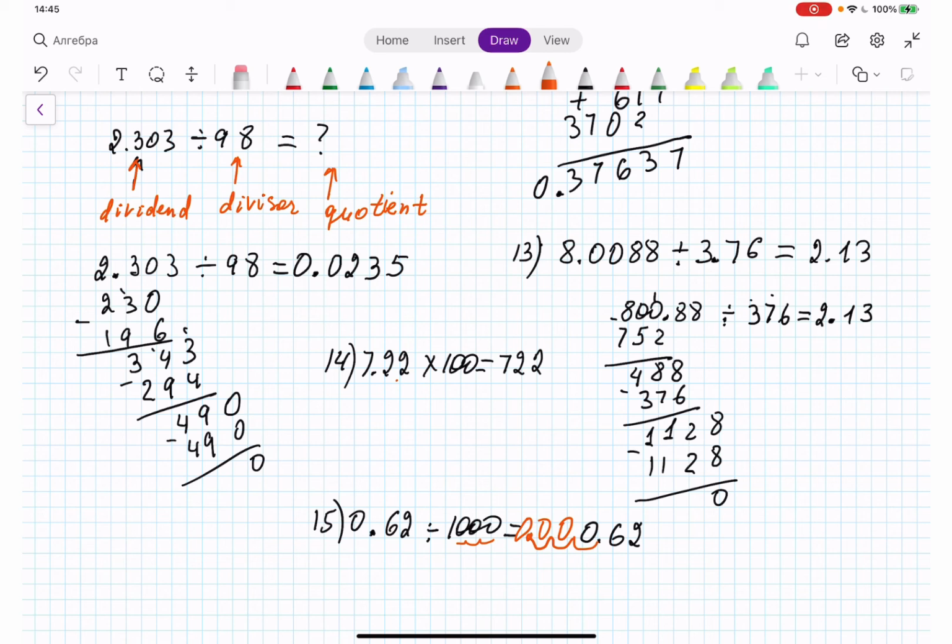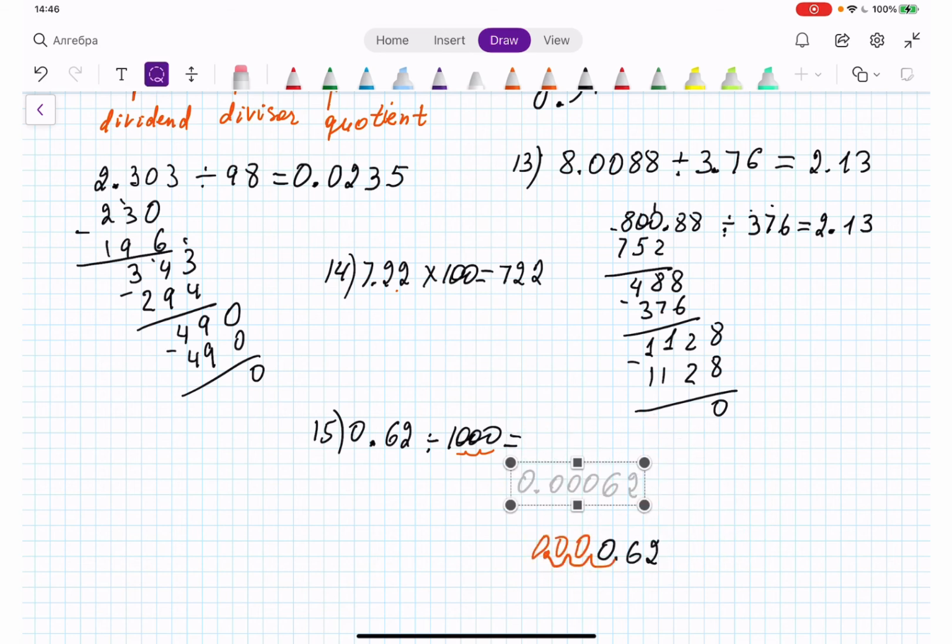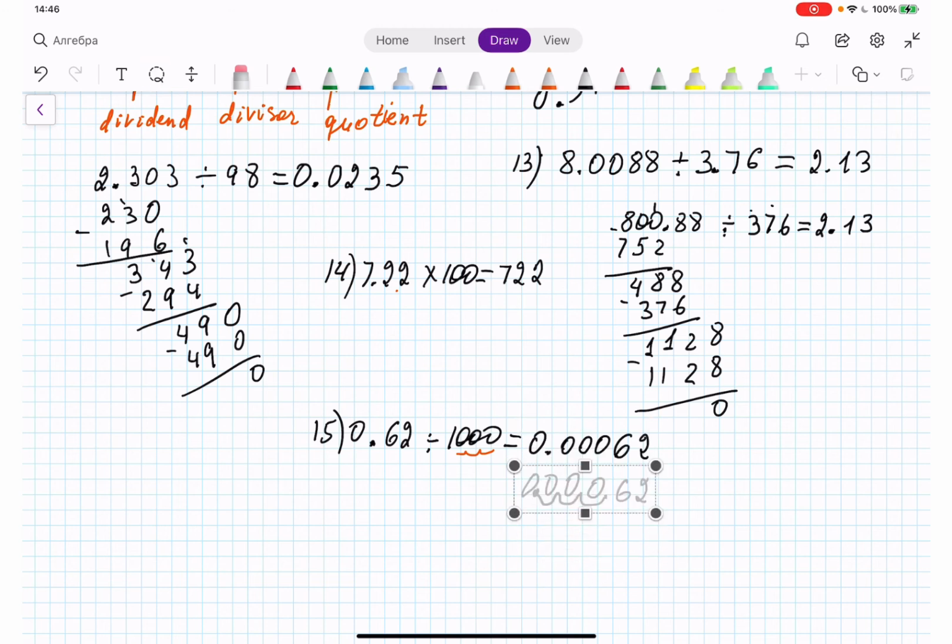And the answer is going to be 0.00062. Let me move the explanation down here, and this is the answer. There we go.